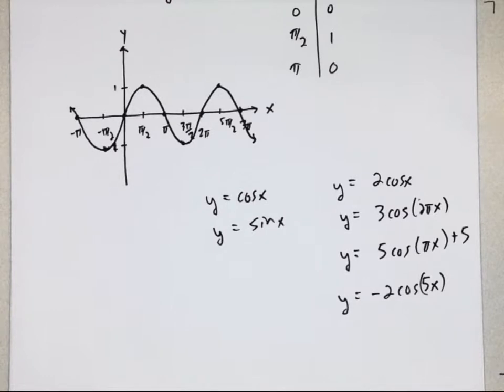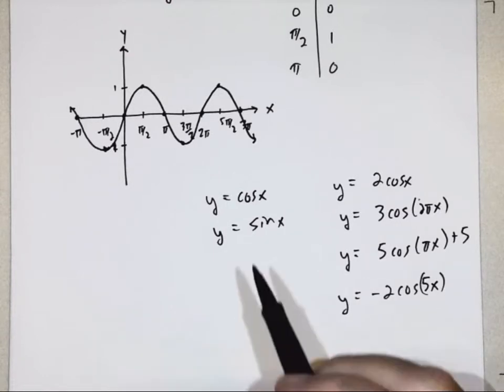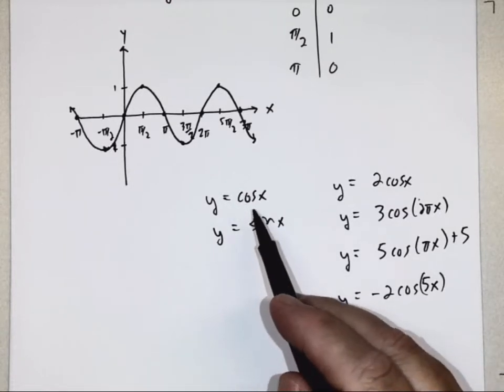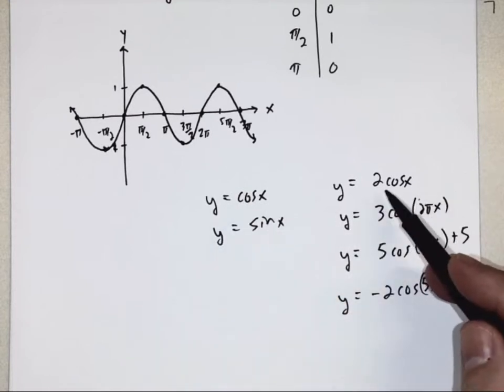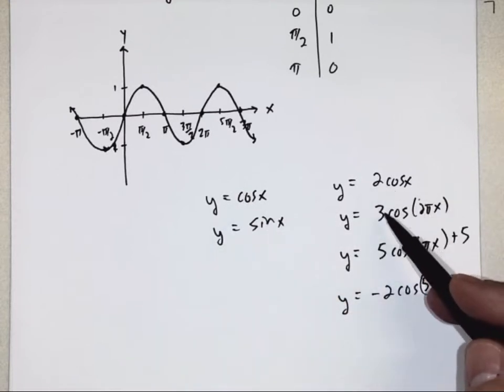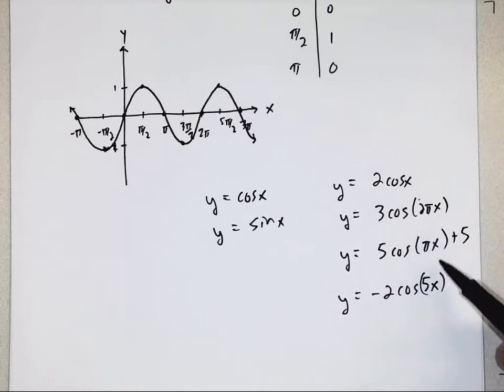So the question is, I know the graphs of my very basic functions, but how will throwing in these extra numbers begin to affect my graph?